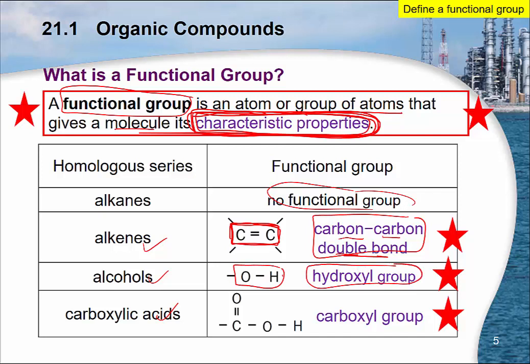Hydroxyl is not hydroxide, it has no charge. It's a covalently bonded -O-H. As for carboxylic acid, it has this C double bond O, O-H, so it's called carboxyl group. In short, it's called COOH, the carboxyl group. So these are the functional groups of these three families. And this functional group gives all the members in the same family similar kinds of reactions.